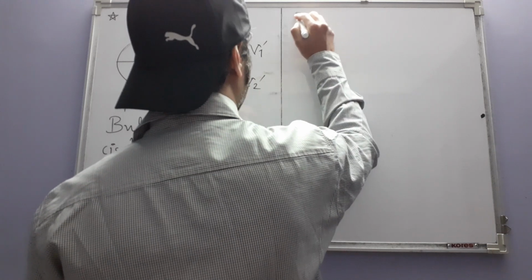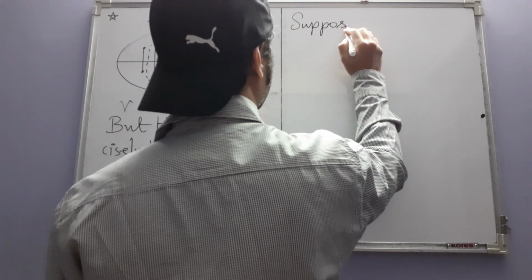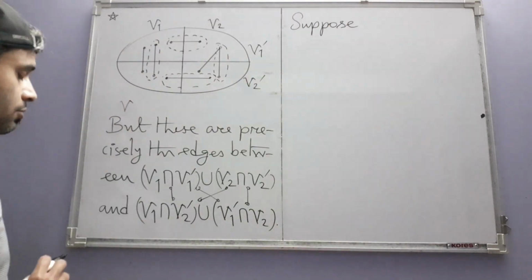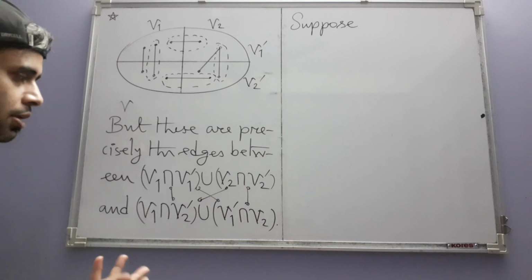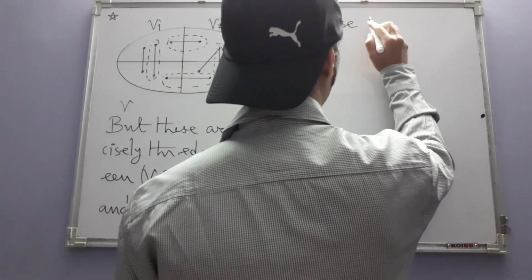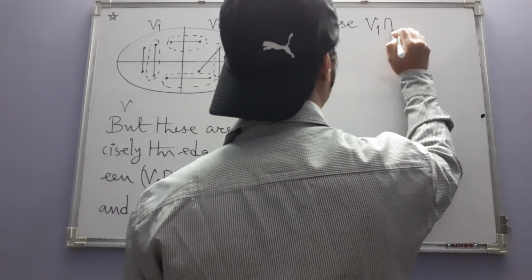Okay, so we start by supposing, let's say the first one is empty actually, and we will expect to derive a contradiction.